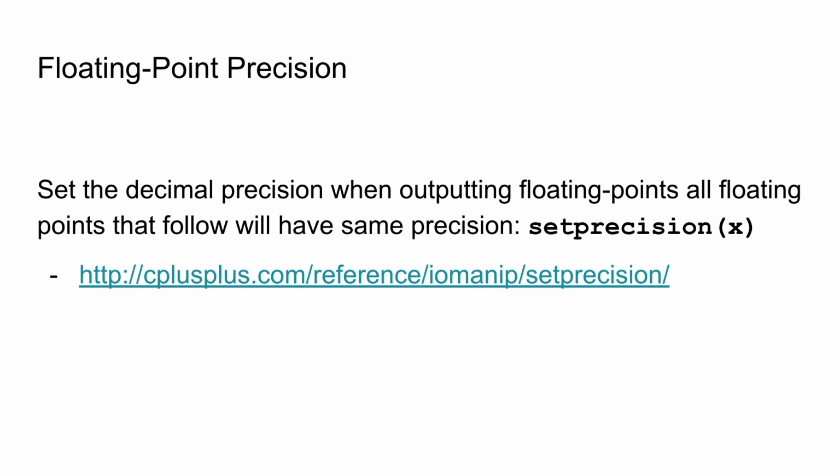So if you pass a 2 in here, it will set the precision to 2. So if you have 1.23456, it will cut off the end, so it is only 1.23 that gets output. But it will not edit any variables. It will only set the precision for the output to the screen.